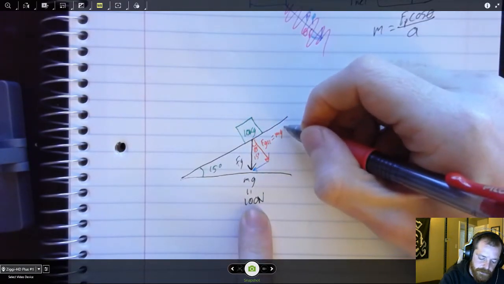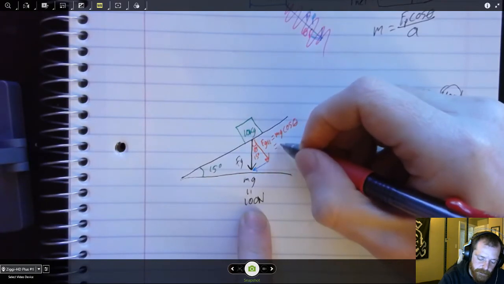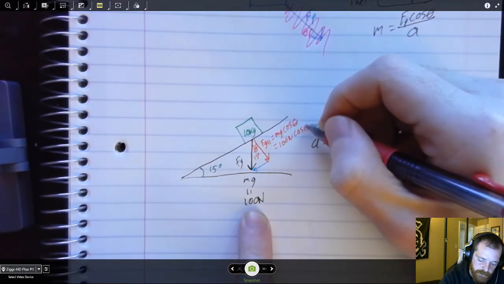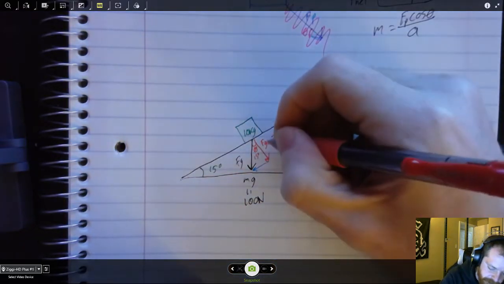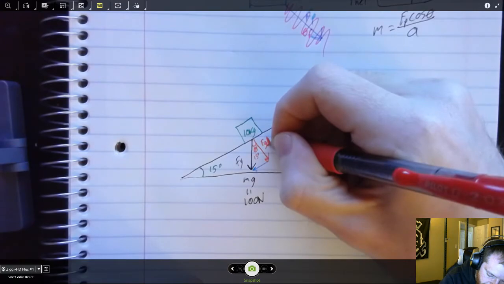You do mg cosine theta, and in this example that would be 100 newtons times cosine of 15 degrees. I already don't think these numbers are going to work out, but the math will work out, so that's the important thing. I'm sorry, this is perpendicular.